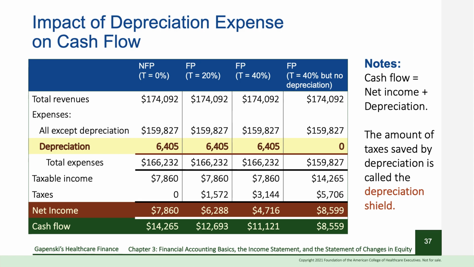And how did we calculate the cash flow? It says in the notes on the right. It's the addition of net income and depreciation. So if you look at the first column again, net income is $7,860 and they added the depreciation to it, $6,405. So that gave a cash flow of $14,265.